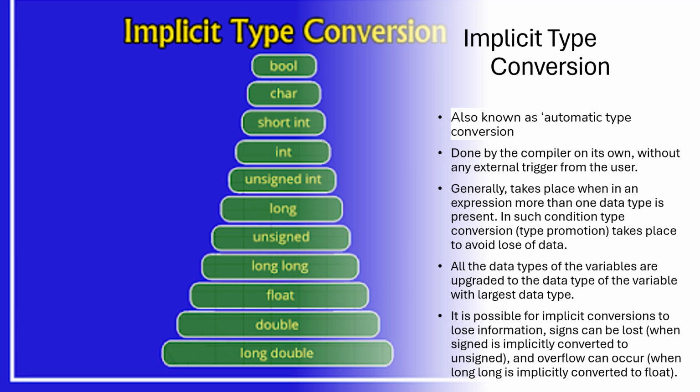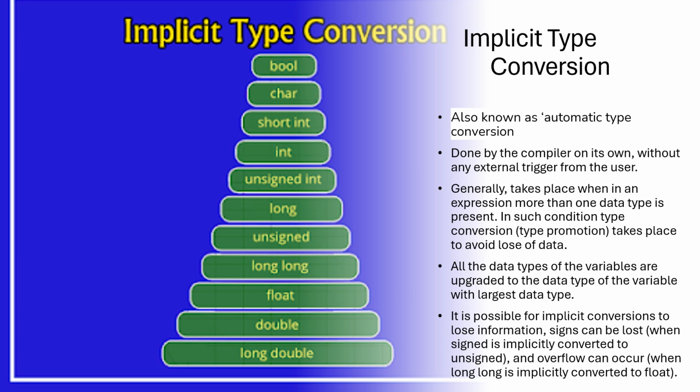So conversions like this take place. This can also be called automatic type conversion, that is, the compiler itself will convert it. We need not use any operator to convert from one data type to another. It is automatically done by the compiler. This is an implicit type conversion.